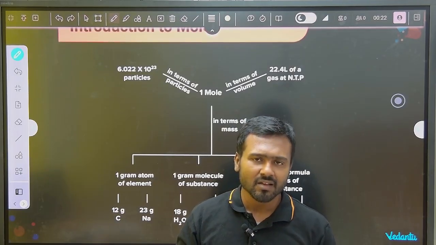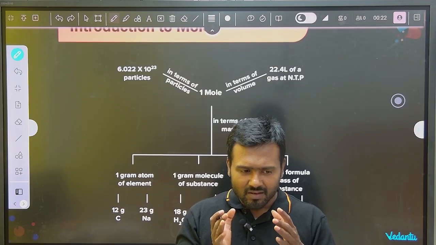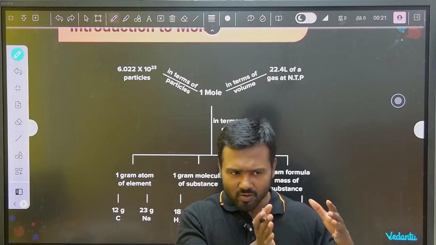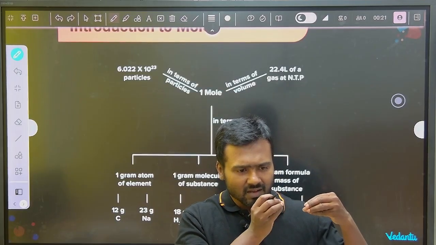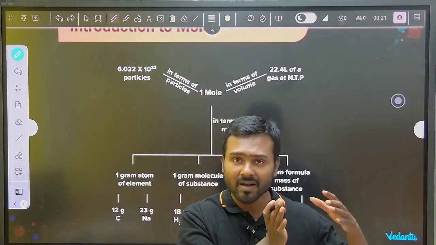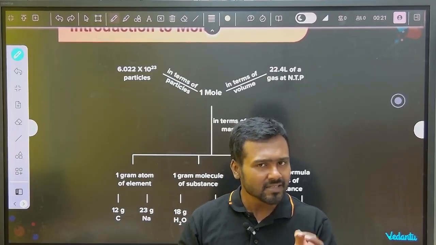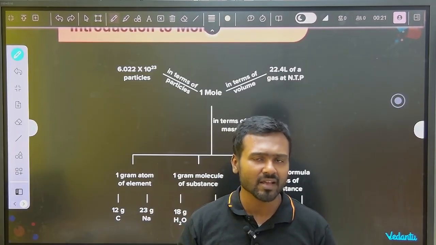Or else, if you take the gram atomic mass of any element, it contains 6.023 into 10 power 23 atoms.